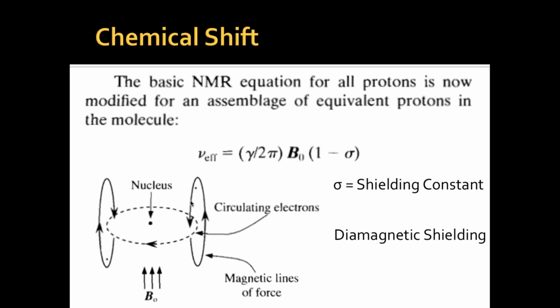Once your nucleus is surrounded by more electrons, it means you have more magnetic field generated from the electrons, countering the magnetic field of the instrument.